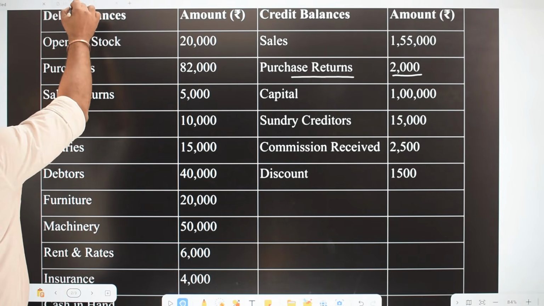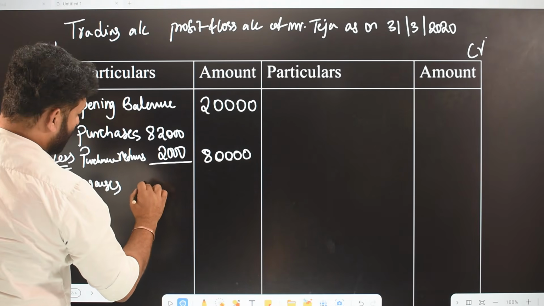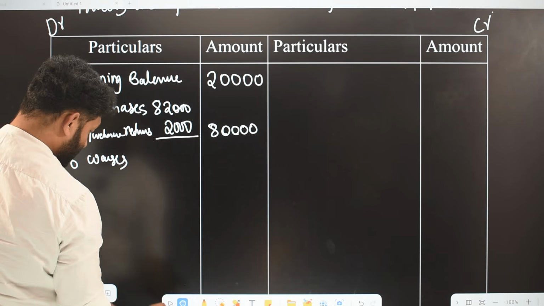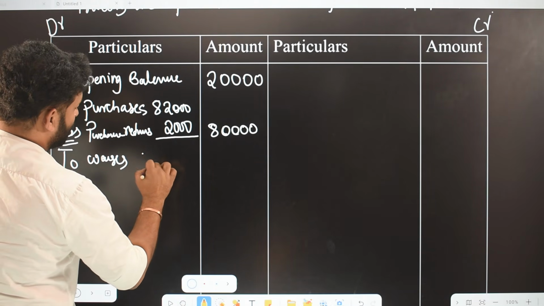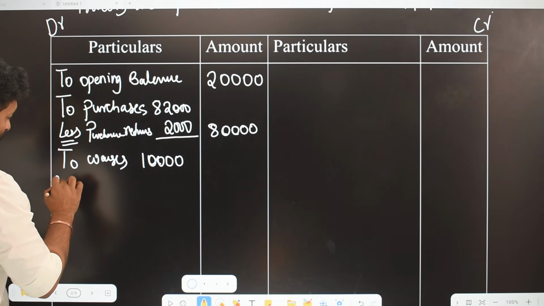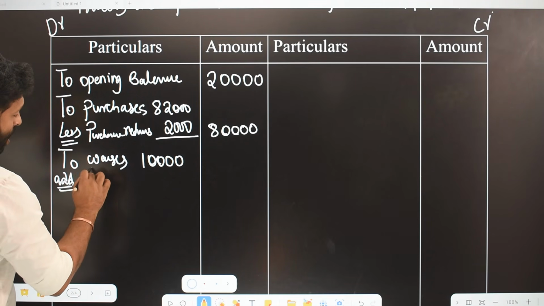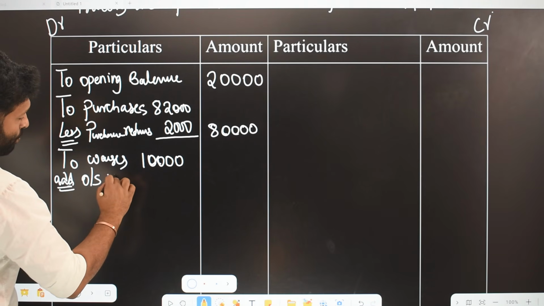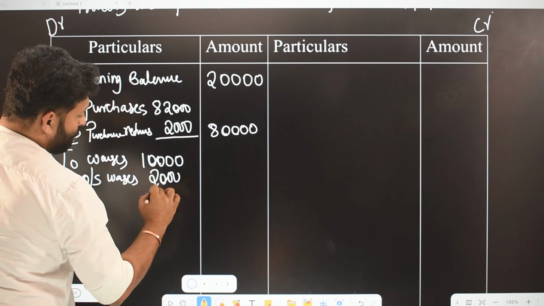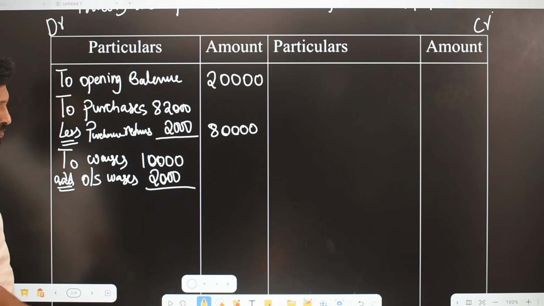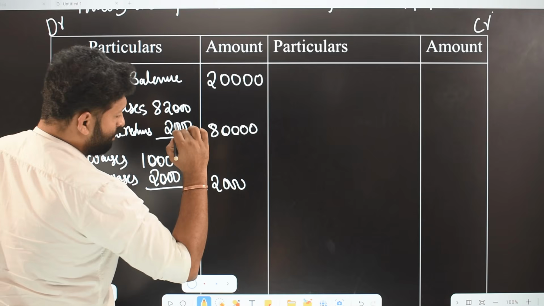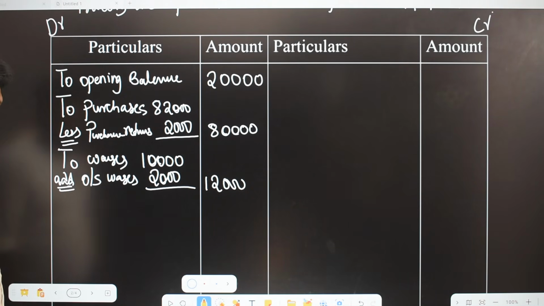So add 2,000 to the 10,000. 10,000 plus 2,000, add outstanding wages. Outstanding wages means we have to pay, which are payable. We didn't pay, we have to pay, which is payable. That's why we are adding. 12,000.